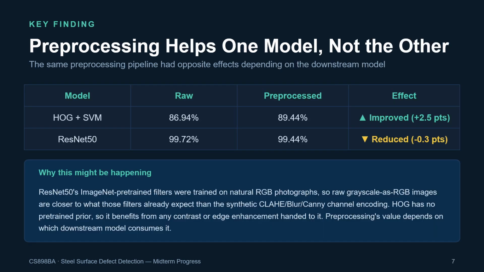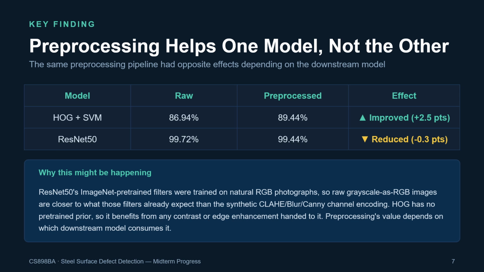So in this slide, we discuss the key findings. One of the most important findings from my experiment is that pre-processing affected the two models differently. The HOG plus SVM model depends on image features such as edges, shapes, and texture. Because pre-processing improves these image features, the model was able to achieve better accuracy. On the other hand, ResNet 50 automatically learns image features during its training.